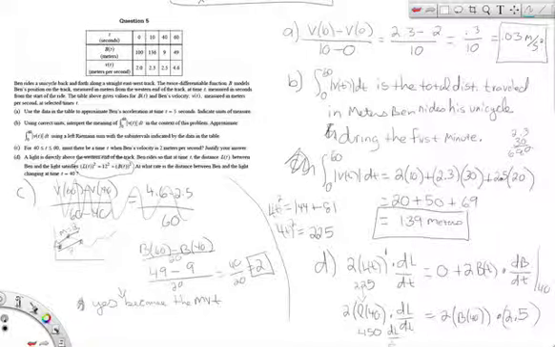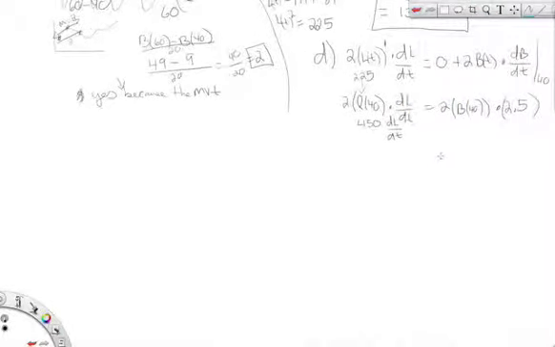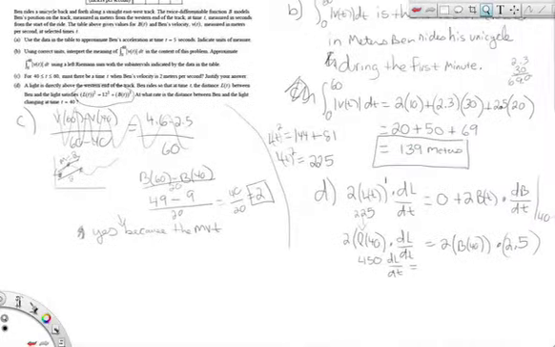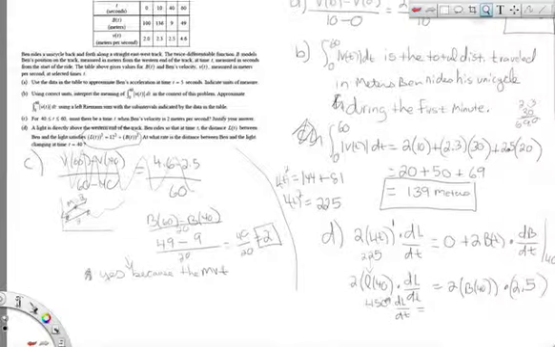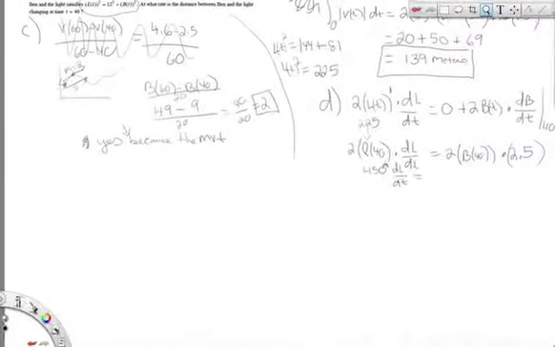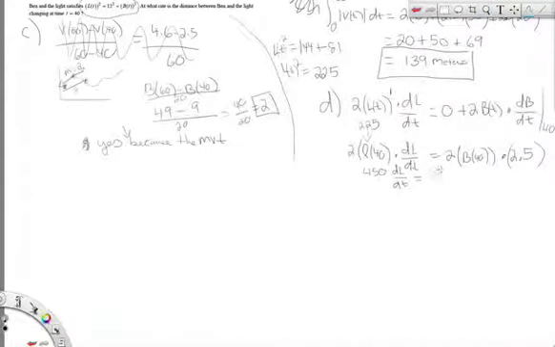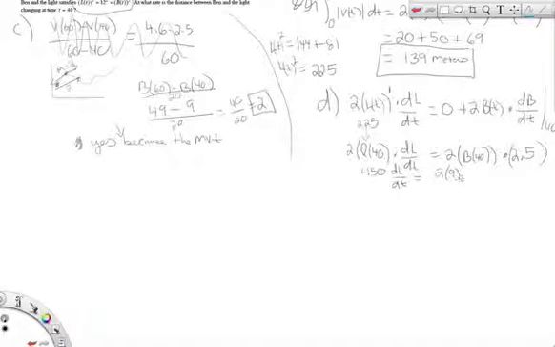dL/dt equals 2 times B of 40, which is 9, times 2.5.